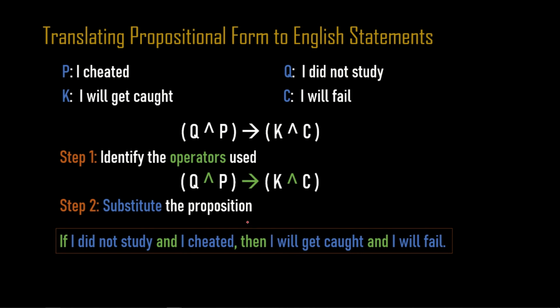So if then, the symbol for implication, and conjunction, and conjunction. This statement is statement Q. This statement is statement P. This statement is statement K. Statement C.